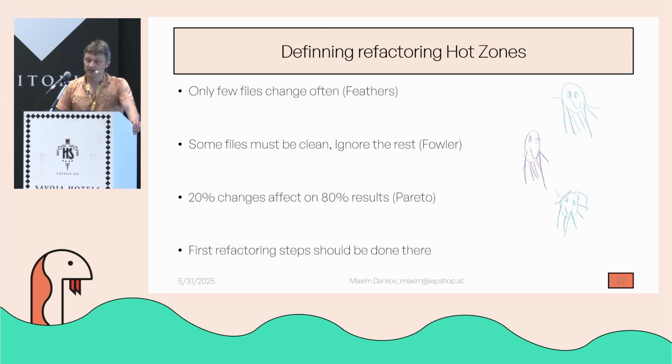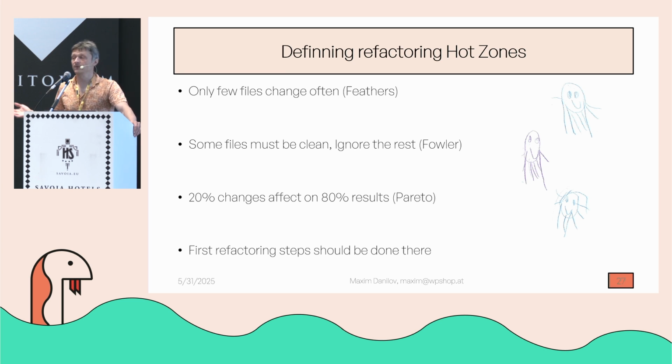Okay, defining refactoring hot zones is pretty easy at first. Only a few files change often, says Feathers. Some files must be clean of tech debt and ignore the rest, says Fowler. Links to these articles I'll also provide on the last slide.